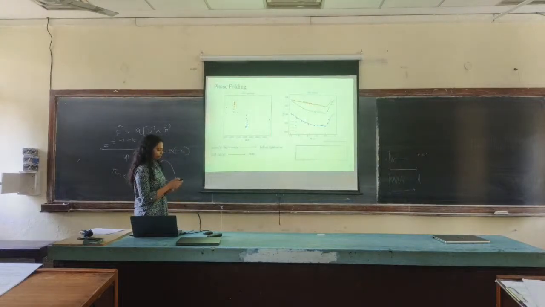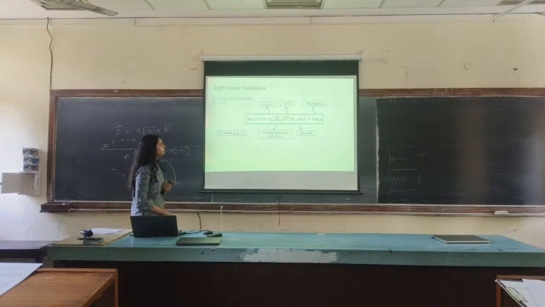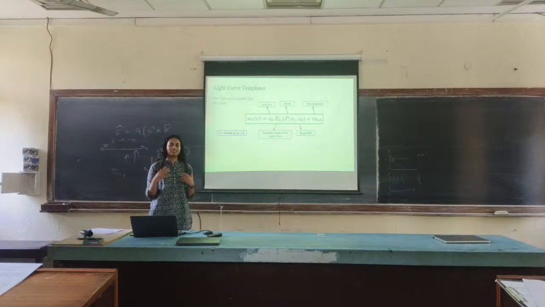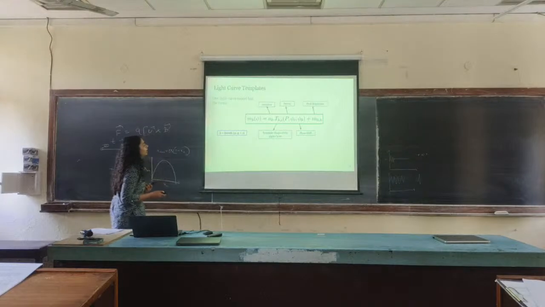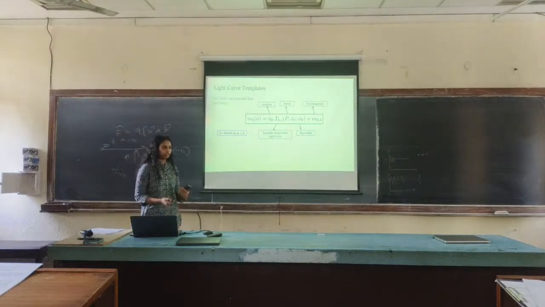To go from days to phase, we use a formula where phi is the phase, p is the period, t is the range of days that the data was collected over, and phi naught is some phase shift. Now, because there are so many stars, we use a light curve template to model the light curves of these stars.